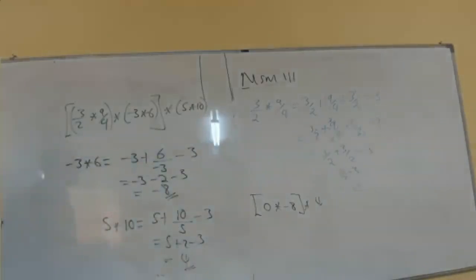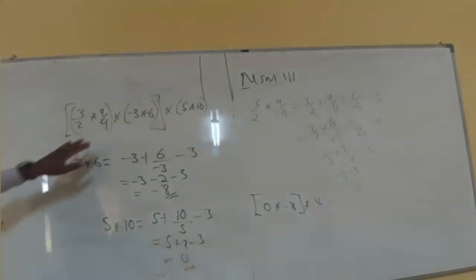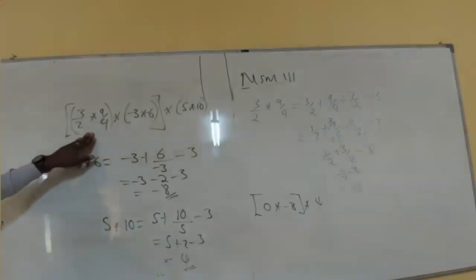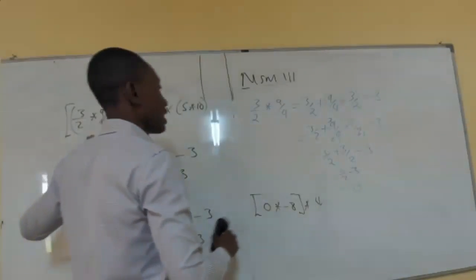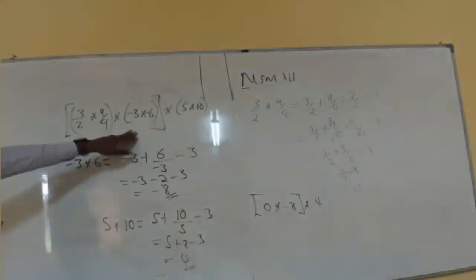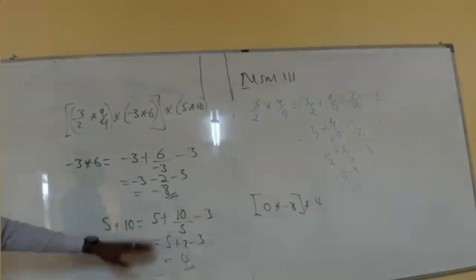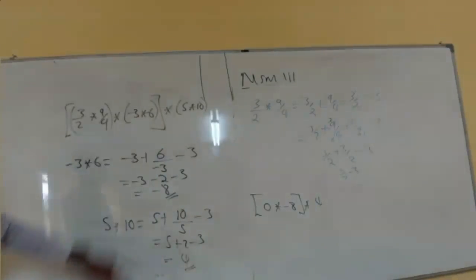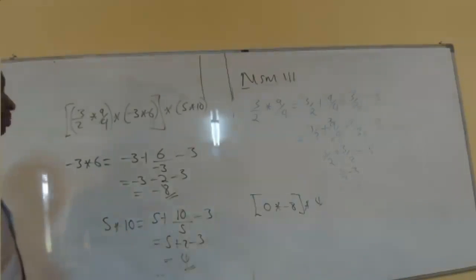Okay, this is what we have. So what I'm saying is I'm replacing this by its final answer. We found 3 over 2 star 9 over 4 as 0, alright? And we found negative 3 star 6 as negative 8 from here, and we found 5 star 10 as 4. Okay, so now I'm replacing the components, alright?